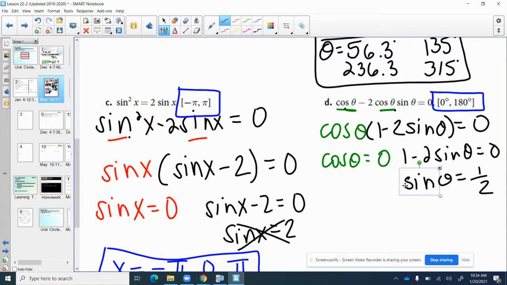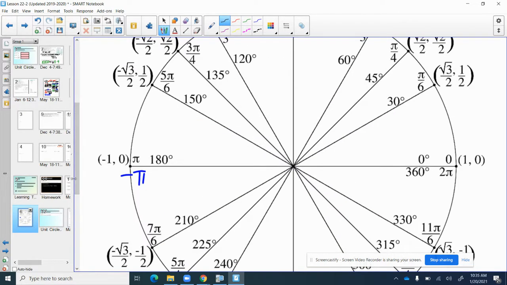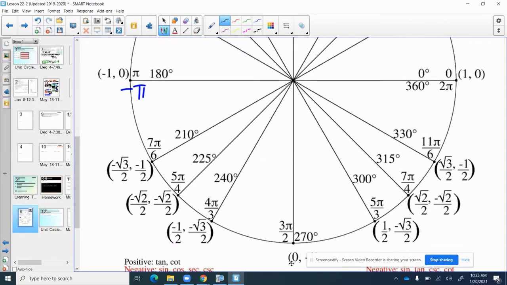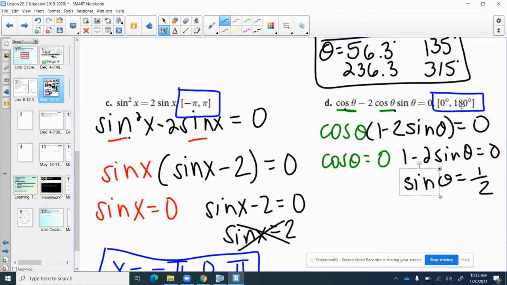And what we're going to see here is that, again, cosine equals 0 in a couple different spots. Okay, cosine is 0 at 90 degrees, and cosine is 0 at 270 degrees. But again, going back to where they are restricting our domain on this one, they just want 0 to 180. So for cosine equaling 0 on this particular problem, because of this restriction, we're only going to put 90 degrees because 270 is outside of where we need it to be.